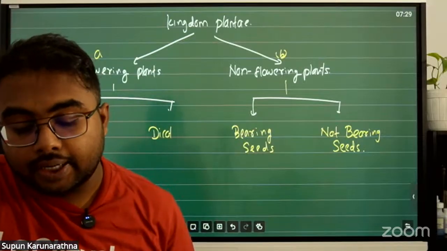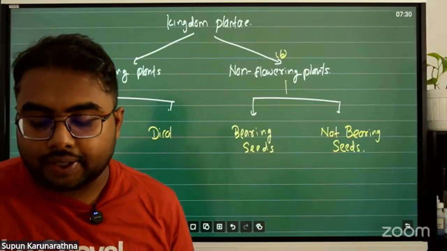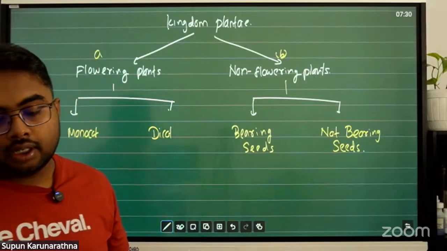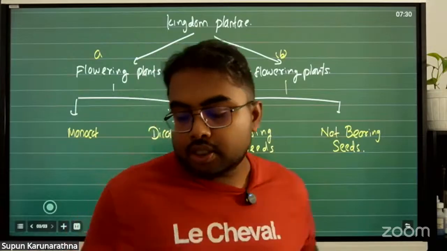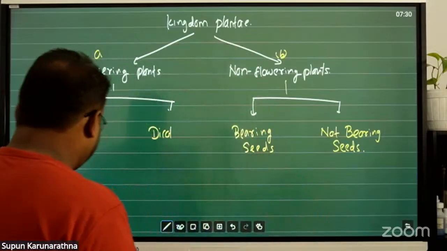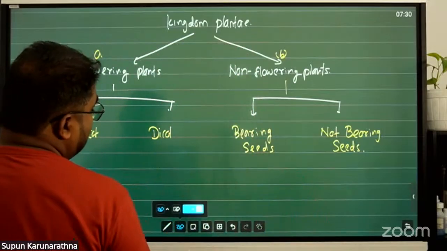The next one: an incomplete diagram of an activity series is given below. Name X and Y. What are the elements in the activity series in their order?